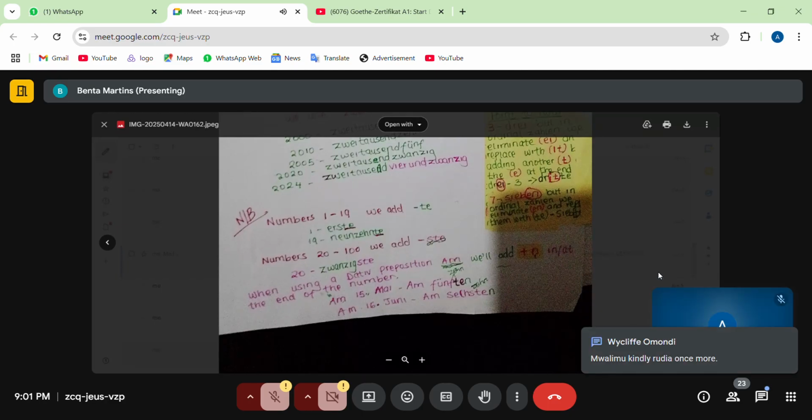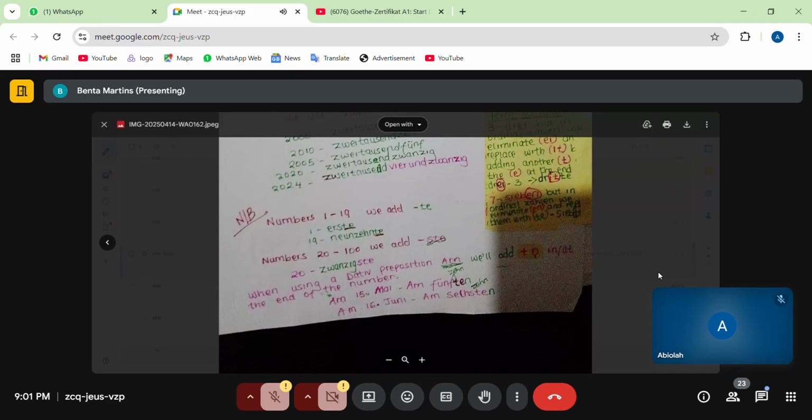Numbers from 1 to 19 we add TE; numbers from 20 to 100 onwards you add STE. So, Mima, in your case 21 is ein und zwanzigste. Yes, that's correct. You only add STE at the end.